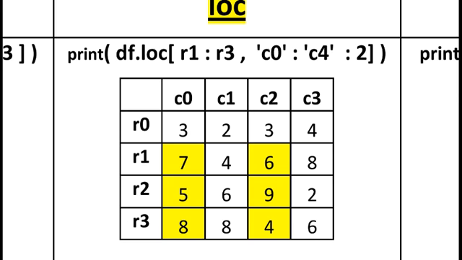In this selected row I want to select selected columns. So you can see 7 5 8, 4 6 8, 6 9 4, 8 2 6. But here I am mentioning c0 colon c4 colon 2, which means skipping one column. So finally 7 5 8 and 6 9 4 I will get.